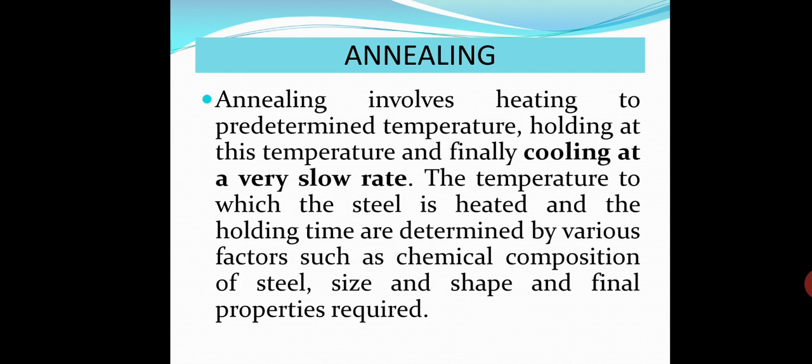The temperature to which the steel is heated and the holding time are determined by various factors such as chemical composition of steel, size and shape, and final properties required.